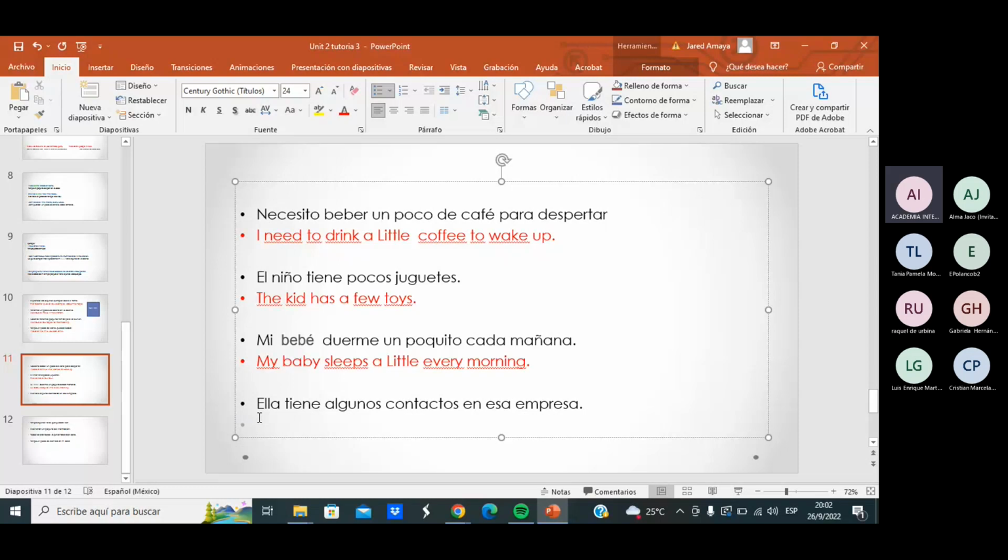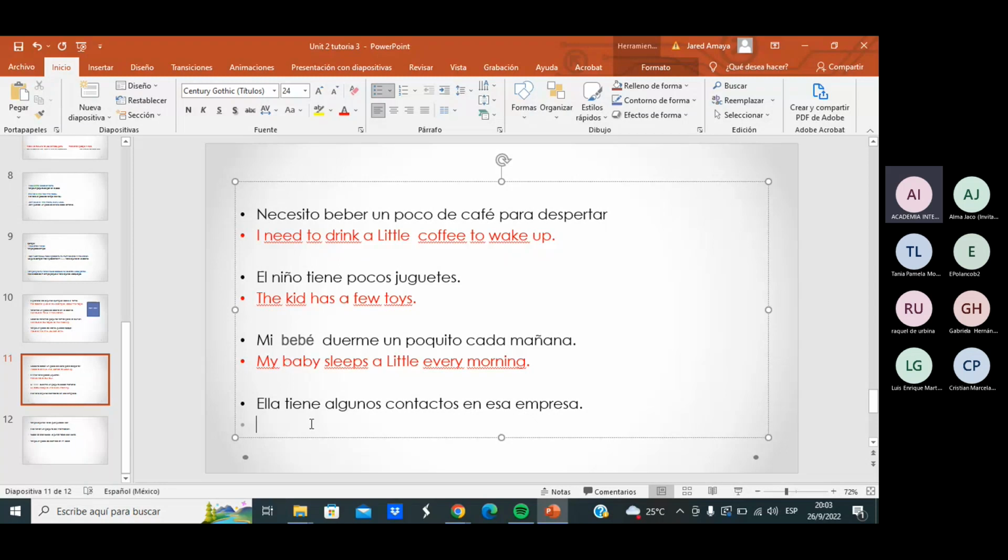Bueno, es que no quiero confundir. La oración que usted me dice sí está correcta, pero aquí usar many no sería correcto. No sé si me doy a entender. ¿Se entiende o no? Sí, teacher.